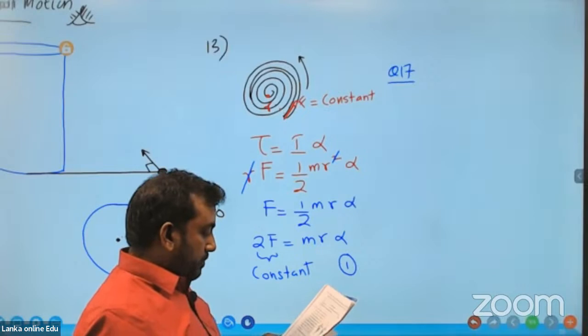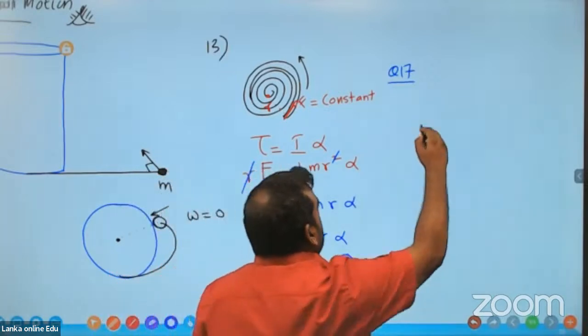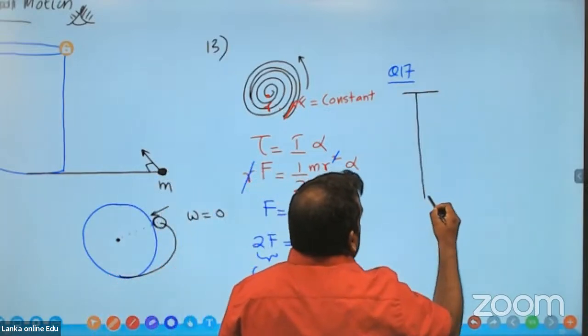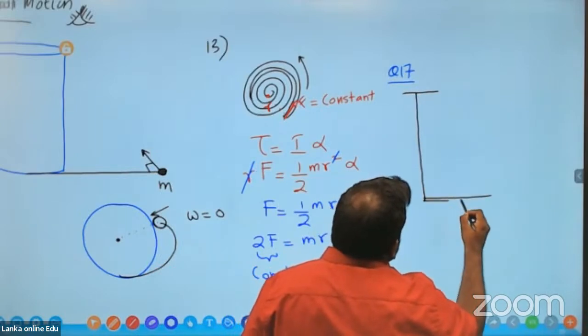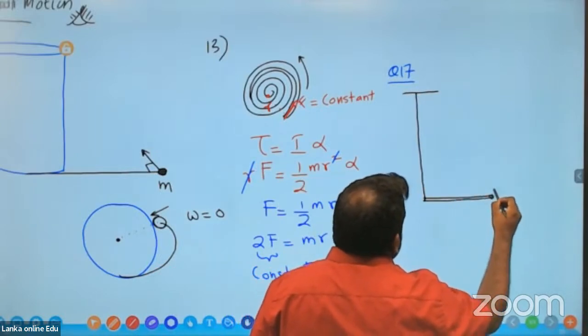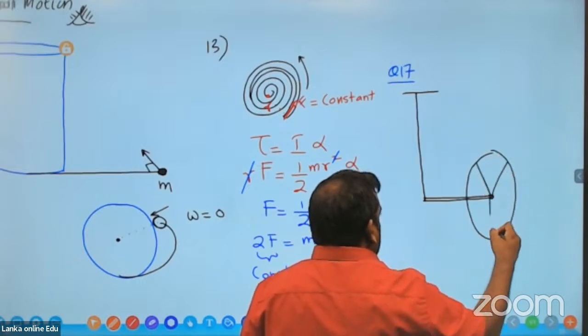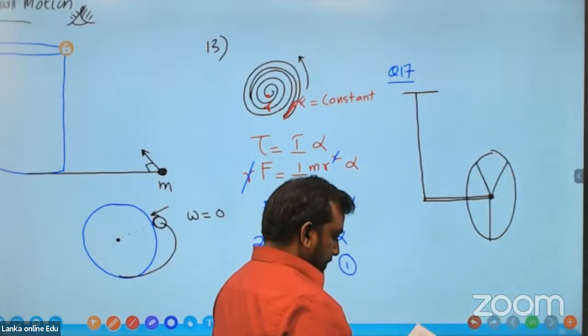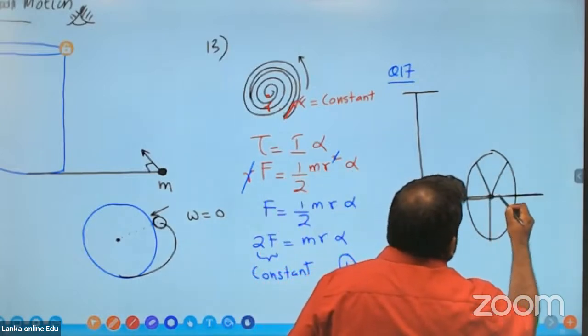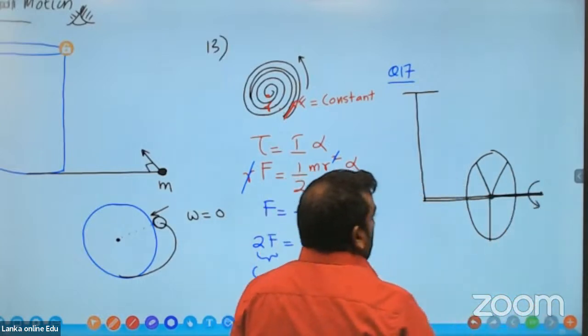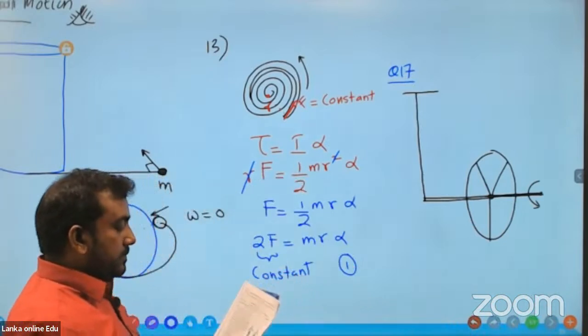AB hang from the string. So the famous experiment. I will send you all a video on this. We have this rotating here, and let's say you are rotating it in that direction.